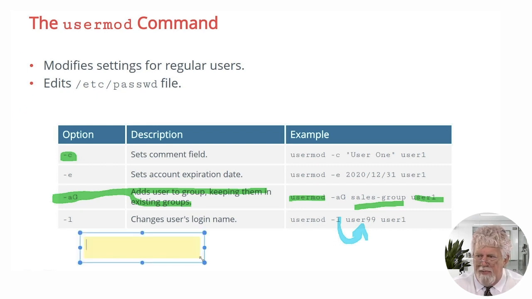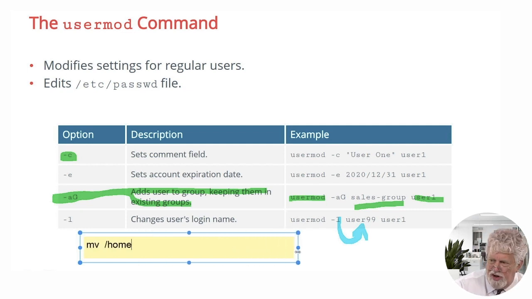Be aware if you make that change, you're probably going to have to rearrange the file system structure, because what used to be called /home/user1 now needs to be changed to /home/user99. So usermod only changes the part inside of /etc/passwd, but the name of their directory on the file system will have to be renamed.